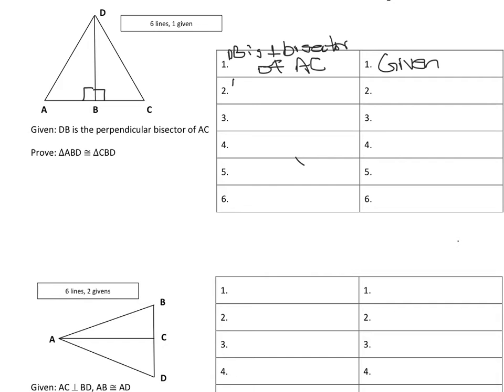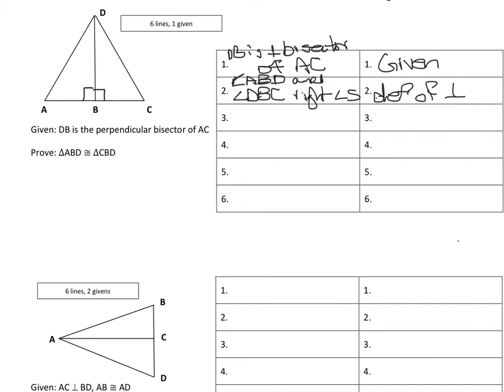I know that angle ABD and angle DBC are right angles. And we would know that they're right angles by definition of perpendicular. Okay?